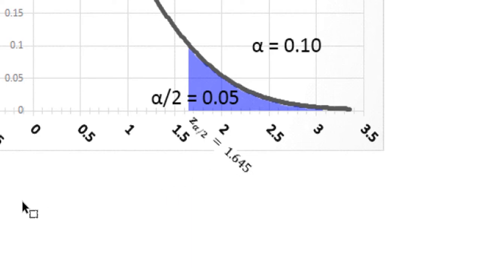Actually, when we put it into the function on the spreadsheet, we get the negative 1.645, but we actually need the positive value. So how do we always get a positive value out of that? We simply take the absolute value of our result. That will always give us the positive value.